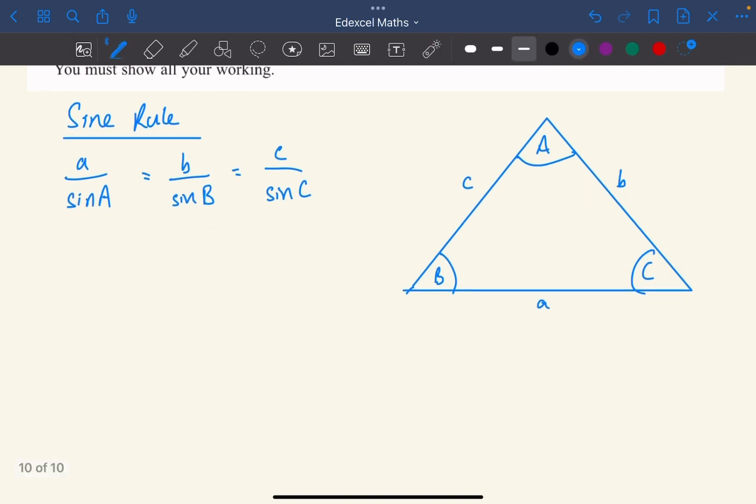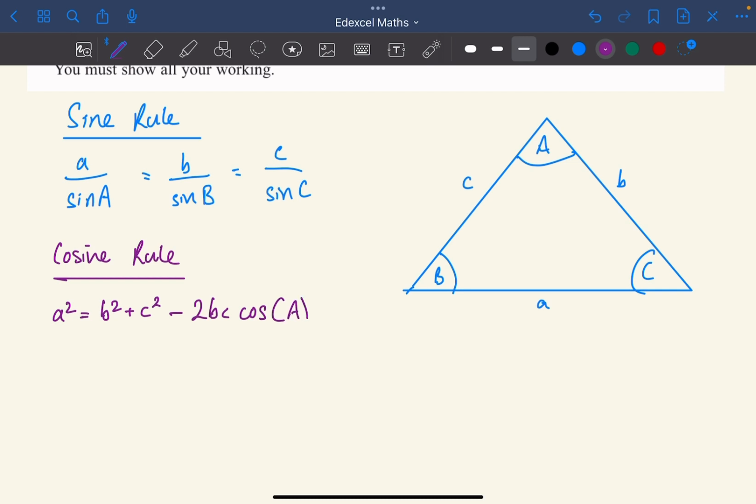Now the cosine rule. The cosine rule is a squared equals b squared plus c squared minus 2bc cos A. You can also rearrange this: cos A equals b squared plus c squared minus a squared, over 2bc.